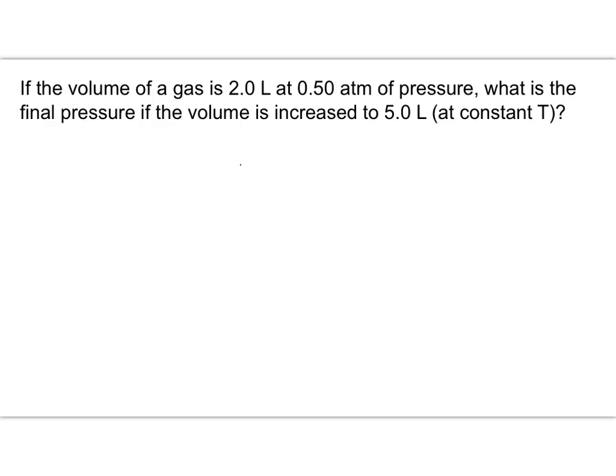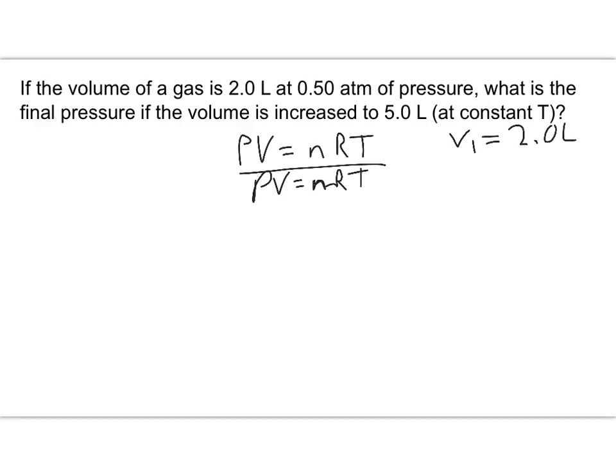If we write PV = nRT, condition 1, condition 2: the volume of the gas is 2 liters and the pressure is 0.50 atmosphere. So V1 is 2 liters, P1 is 0.50 atmosphere.